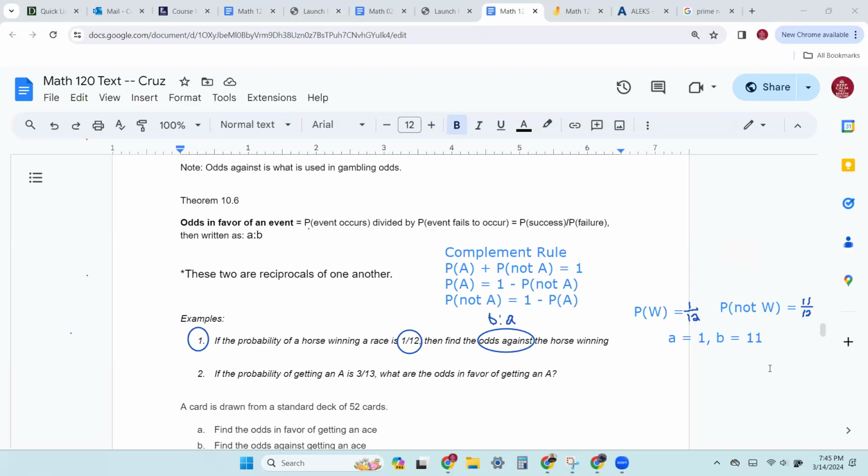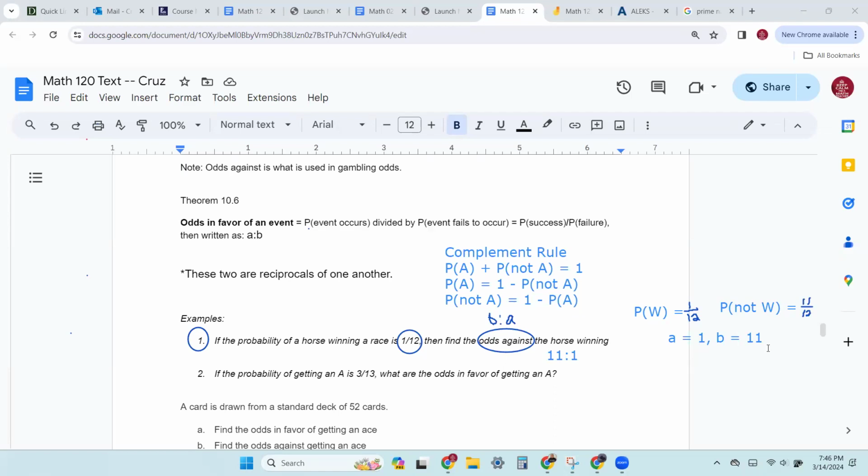All right. When we go back from odds to probability, we can simply add those two and get our denominator back. So now odds against is 11 to 1. So keep in mind that the probability of this horse is 1/12.